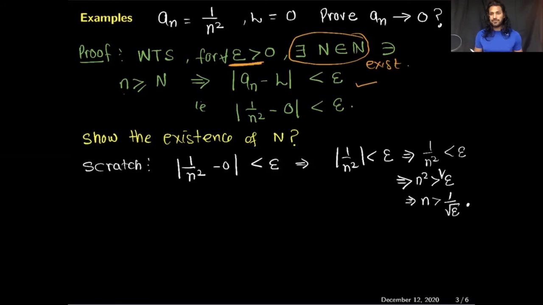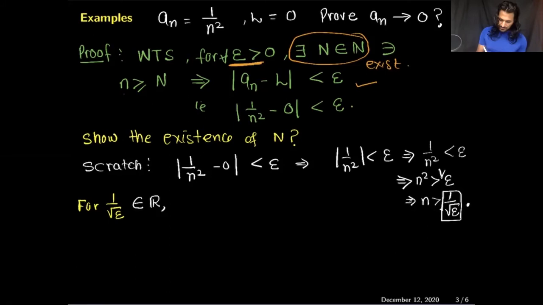Because n is a natural number, you don't need a plus-minus sign, because of the positivity of n. Now this is the person of interest for us. 1 over the square root of epsilon is a real number, because epsilon is positive.